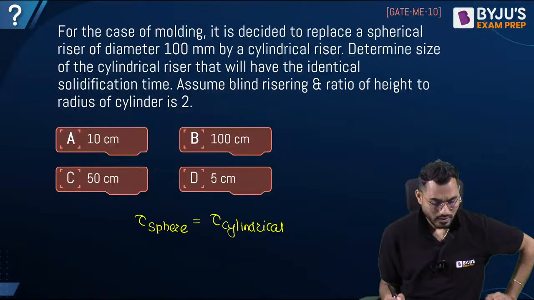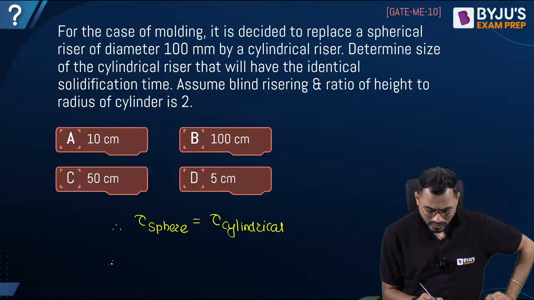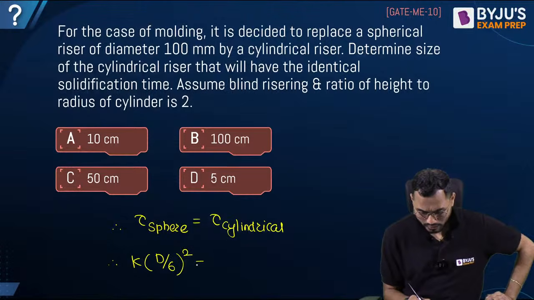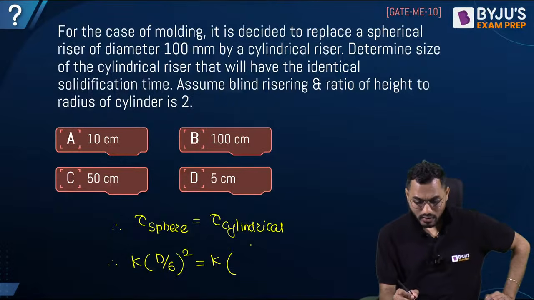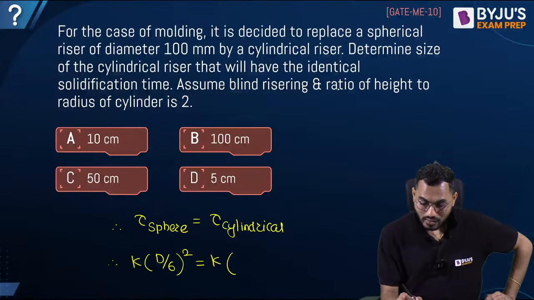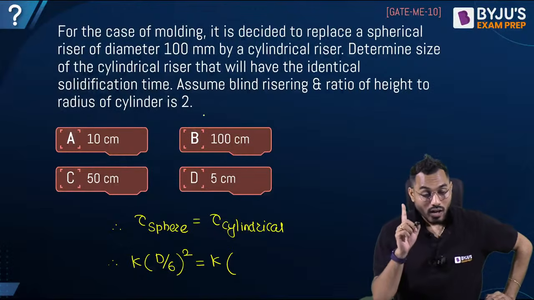Is it okay, everybody? So what is the solidification time for the sphere? That is K into volume by surface area. I'll say that D by 6, whole square, is exactly equal to K into cylindrical riser, where the ratio of height to radius of cylinder is 2.